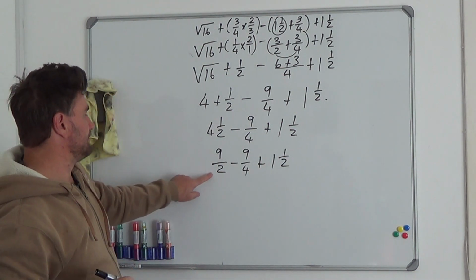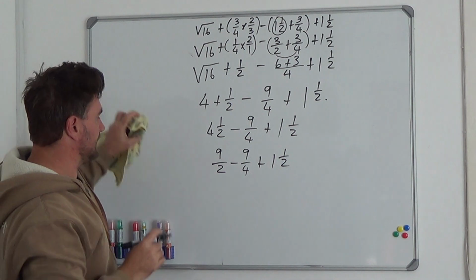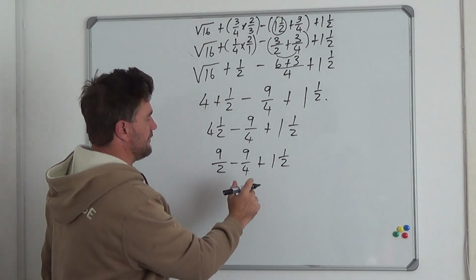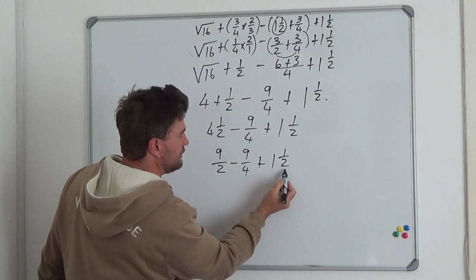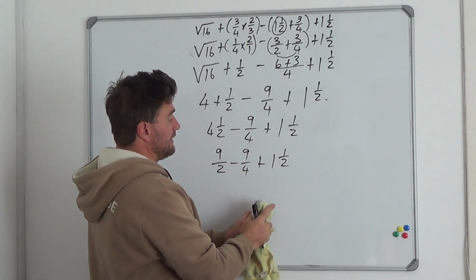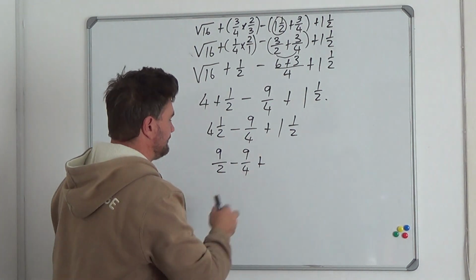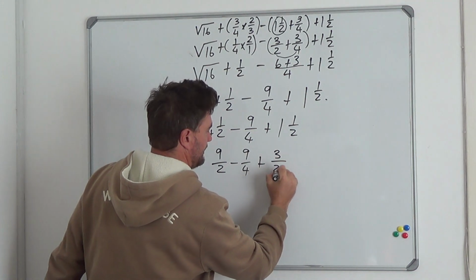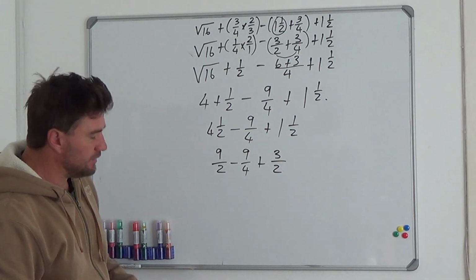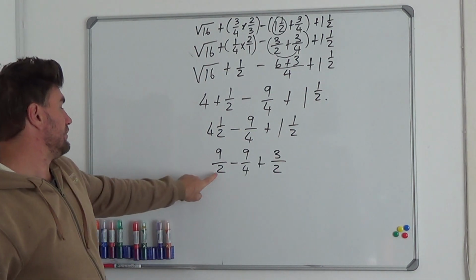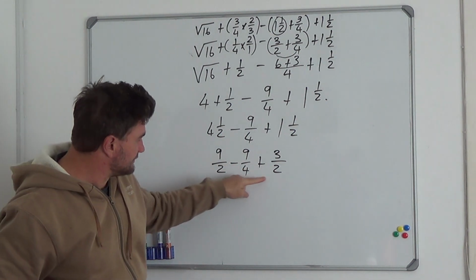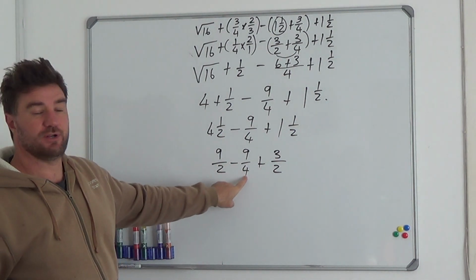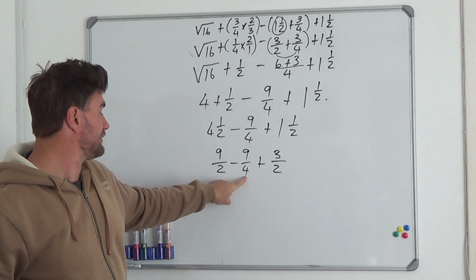What we can do as well is change this one here to an improper fraction. 1 times 2 is 2, 2 plus 1 is 3, so it'll be 3 over 2. Now, looking at this, minusing and plussing, our denominators have got to be the same. Our lowest common denominator is 4.